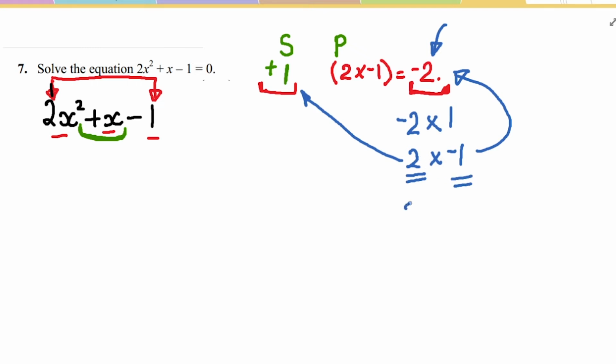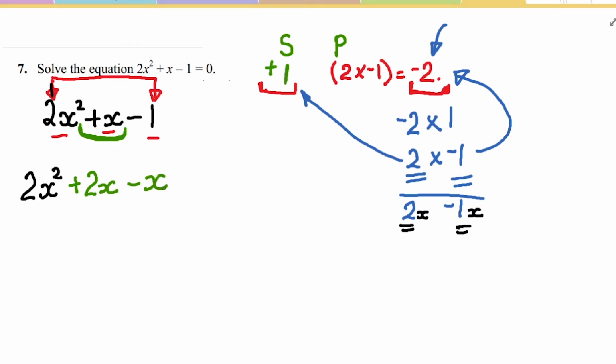So these two numbers, 2 and negative 1, are the ones that are going to replace that middle part. Our next step becomes 2x squared, and the middle part is replaced by these two numbers with an x to them. So it becomes plus 2x minus x.